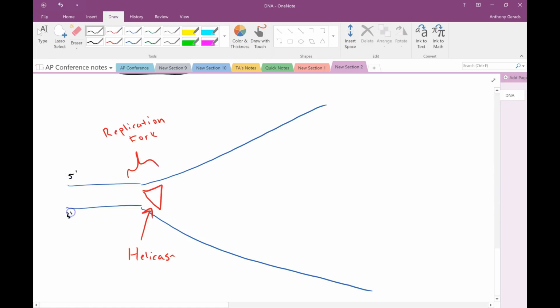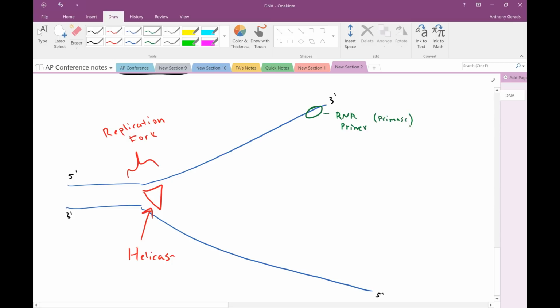This strand's 3 prime. On my original parent strands. What happens when I very first start this? Something's got to get put down way up here. It's called an RNA primer. And the enzyme that puts that down is called primase. It's going to lay that primer down.